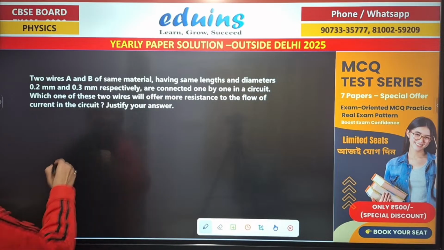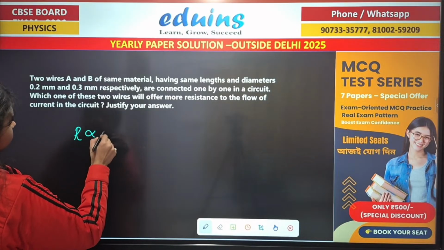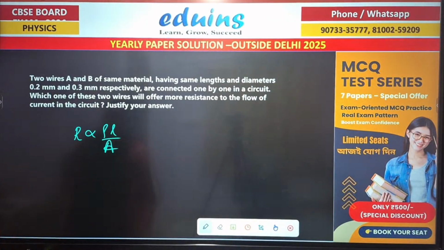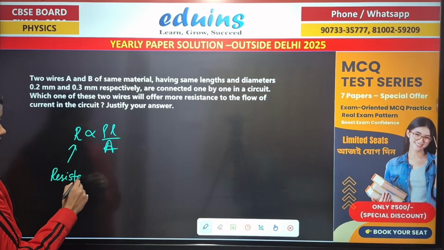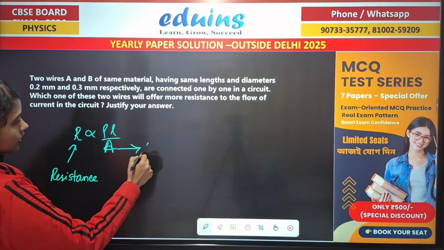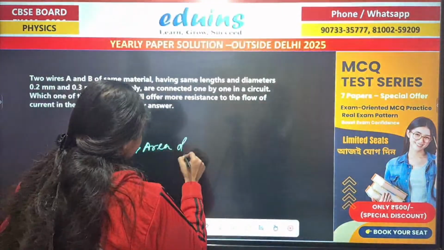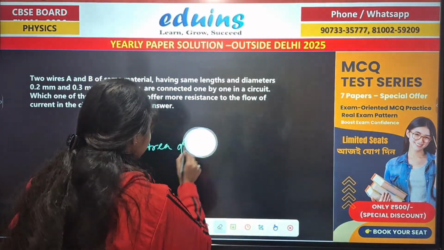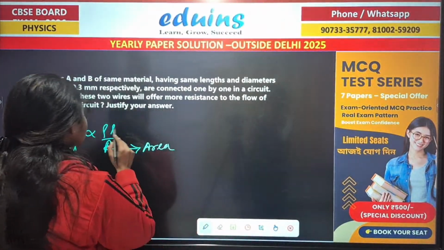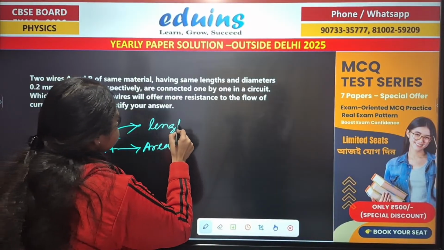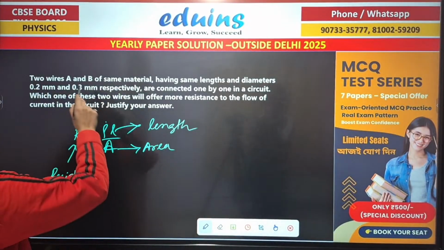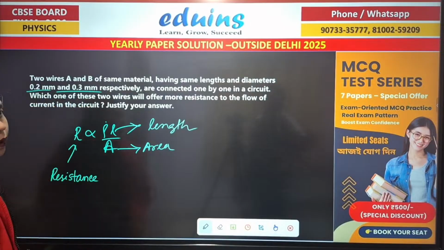The formula is R equals rho L by A. R is the resistance, A is the area of cross section, rho is the resistivity, and L is the length. Now for this, we know that the diameter is mentioned.